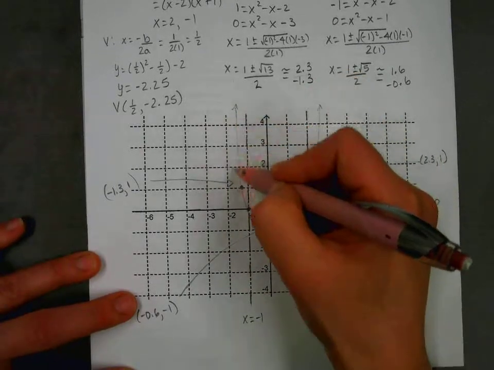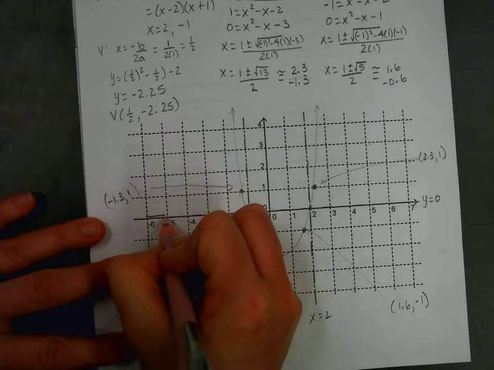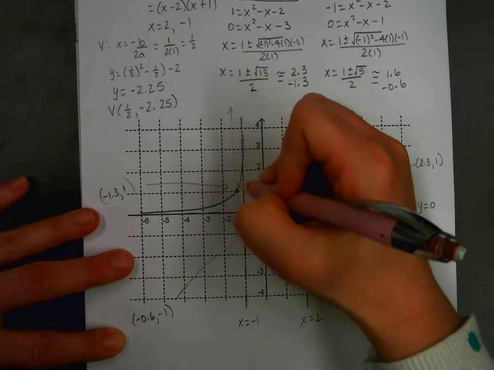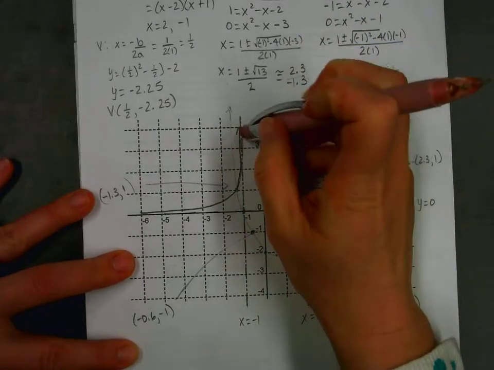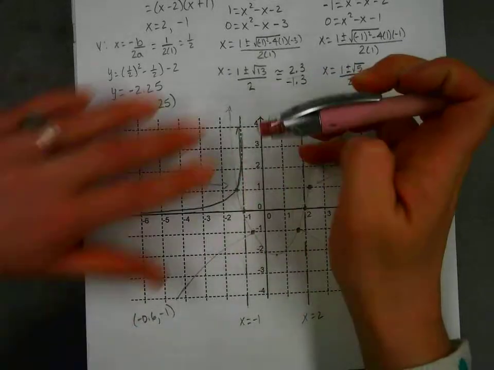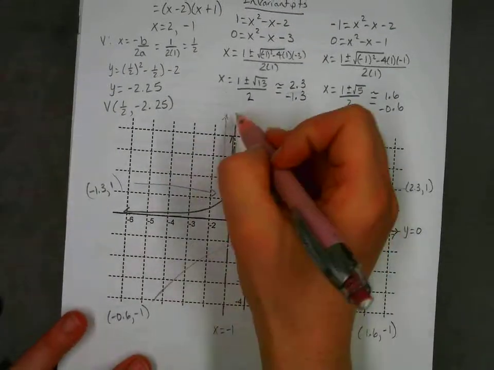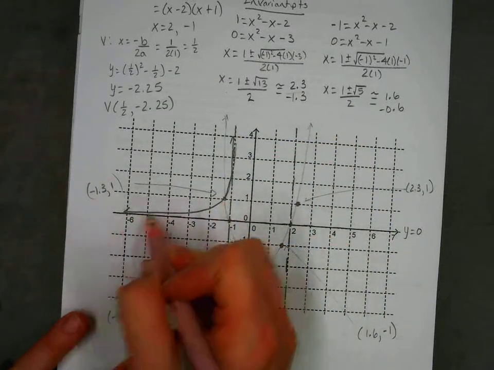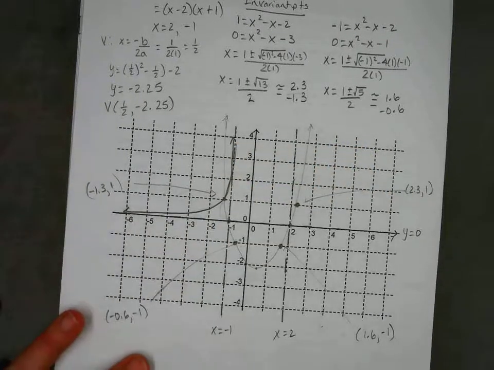So this branch of our original quadratic is now going to look like this, and I do not want to cross over that asymptote. So this branch is now becoming this branch that's approaching 0. This little section should now be approaching infinity.